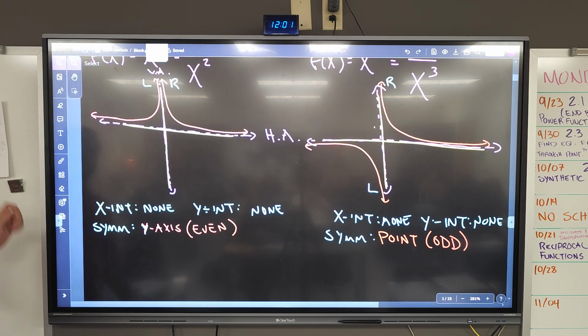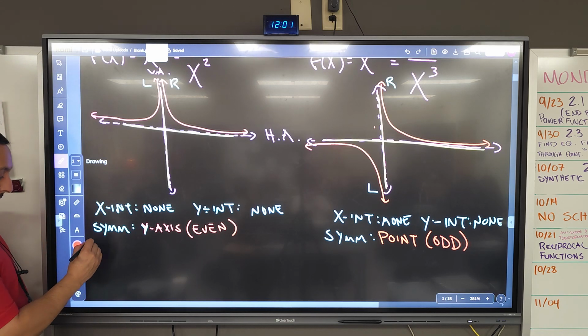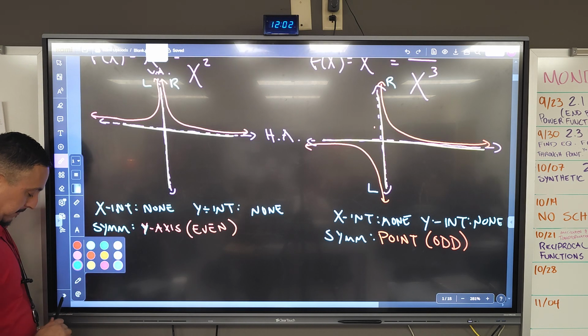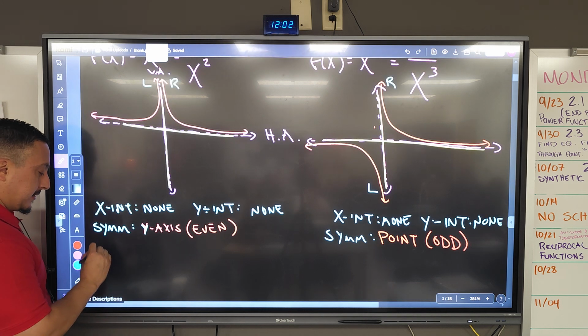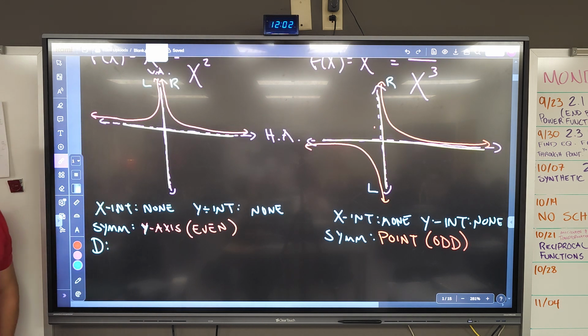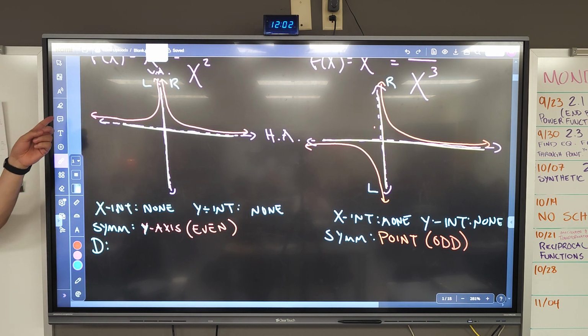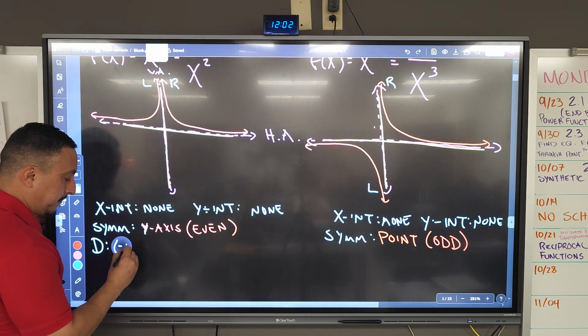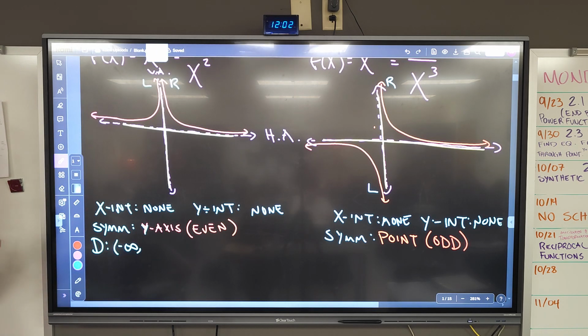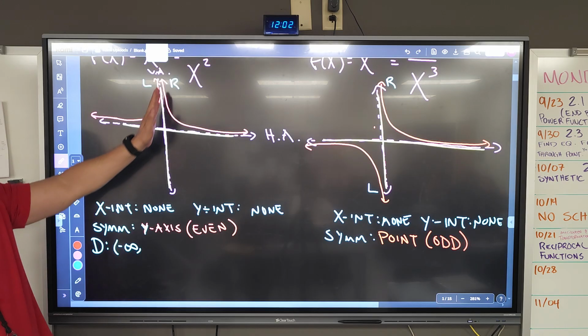Okay, so the domain and range. You might struggle a little bit answering the domain and range. Let's do the domain on this one. What's the most left this will go? Negative infinity. All the way into what number? Zero, right? Because that's where the wall is. I can't touch the wall.